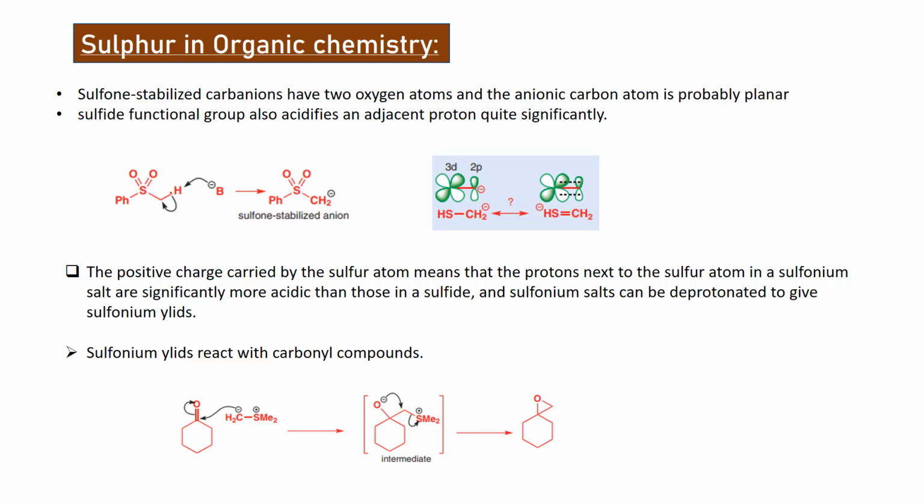So if there is an adjacent proton, because of the high electronegativity effect and also after elimination of this proton, this negative charge can be dispersed into the vacant d orbital of sulfur. Because of that, the acidity of this adjacent proton is enhanced and becomes highly acidic.